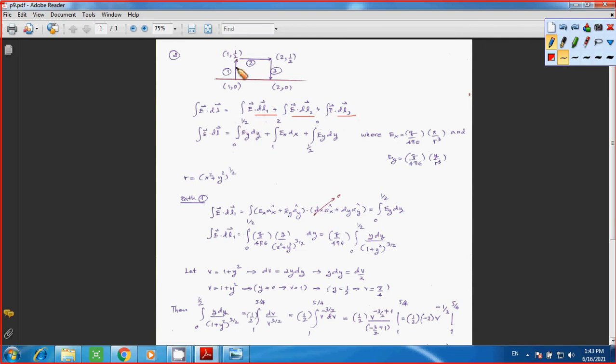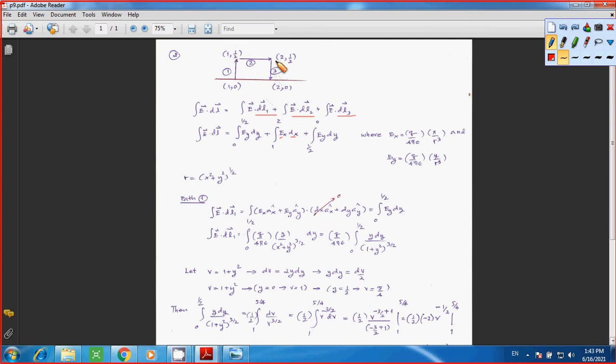And for the path number 1, you have already y, right? Because x doesn't change. So you end up with dl equal to dy, and with the component Ey. For the path number 2, your dy doesn't change, so you have only dx and Ex.